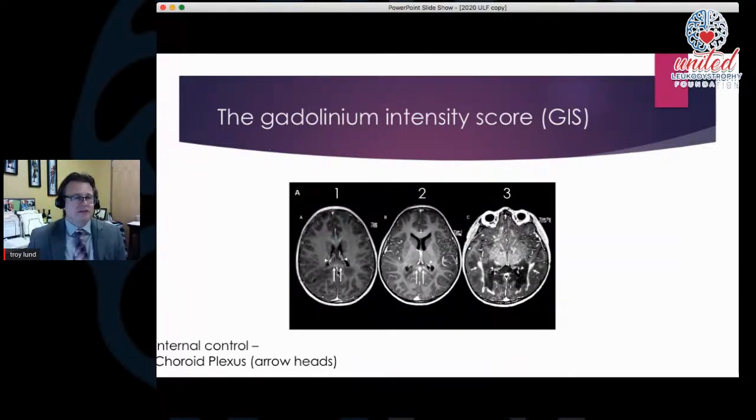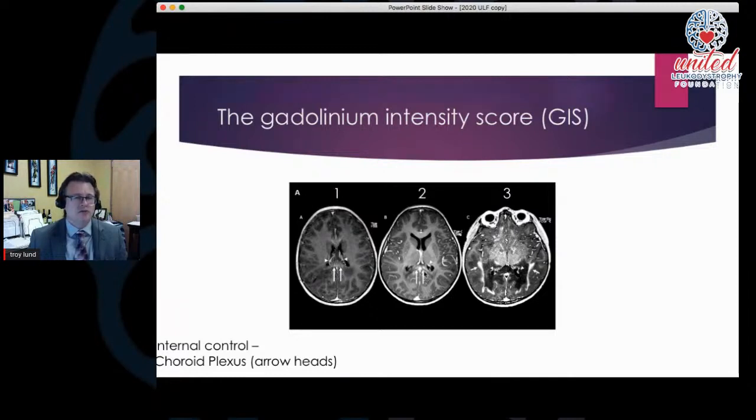And basically the 1 is you're comparing the brightness of the gadolinium shown by the arrows here to an internal control called the choroid plexus, which sit in the ventricles and produce all the CSF for your brain. And that's automatically bright on MRI. And so we use that 1 if the gadolinium is dimmer than the choroid plexus.